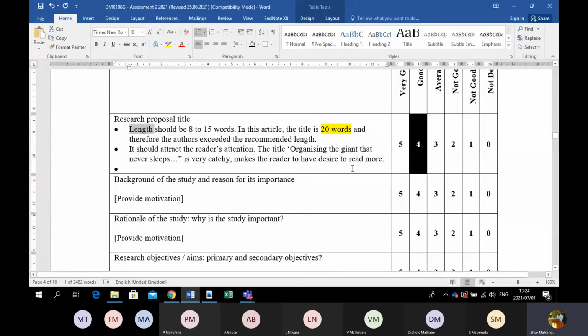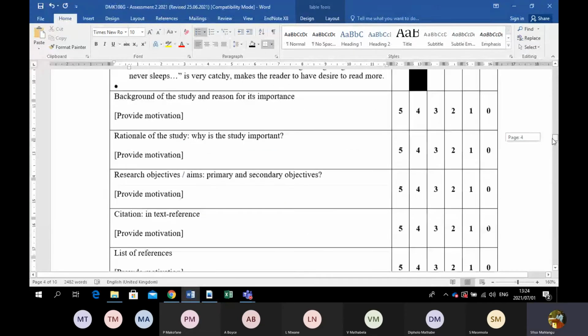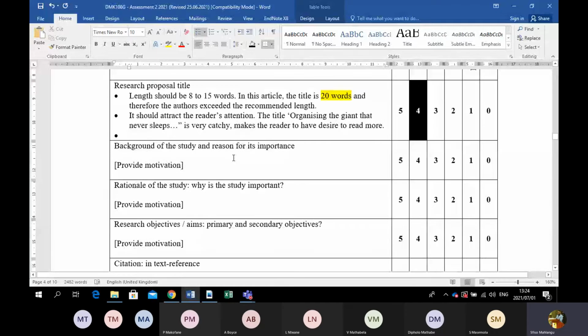So you continue, you rate that title with 5 elements, and then you come to background. So I'm just going to add quite a few more under each that you should look for, that I've read a couple of times, based on the experience and the guidelines.